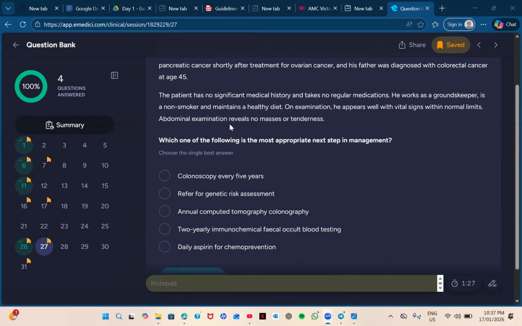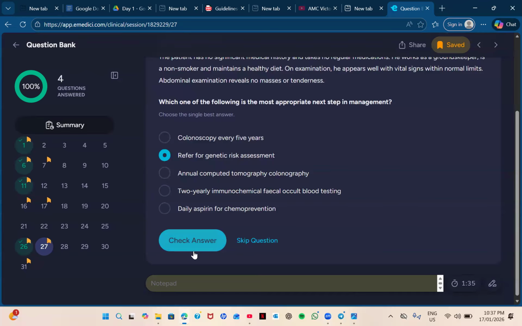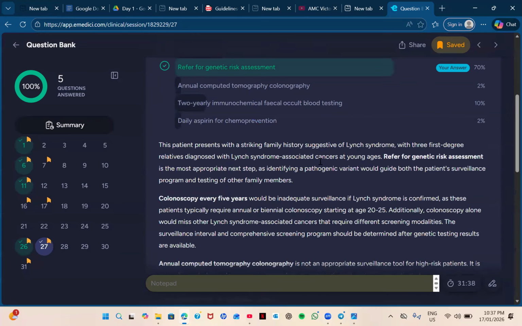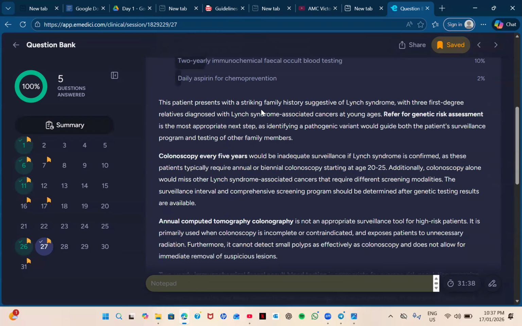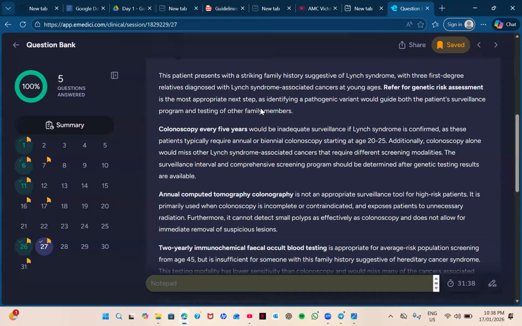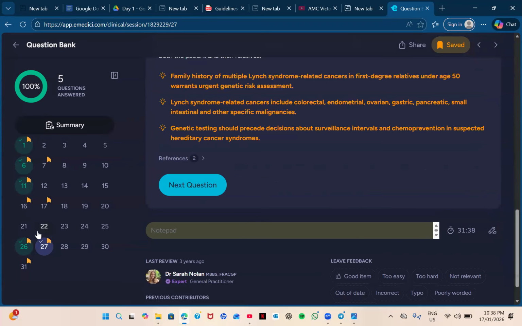You can see this exact guideline from the Red Book. I'll read this part only. The patient presents with a striking family history suggestive of Lynch syndrome, with three first-degree relatives diagnosed with Lynch syndrome-associated cancers at young ages. So referral for genetic risk assessment is the most appropriate next step. So it's easy, right?